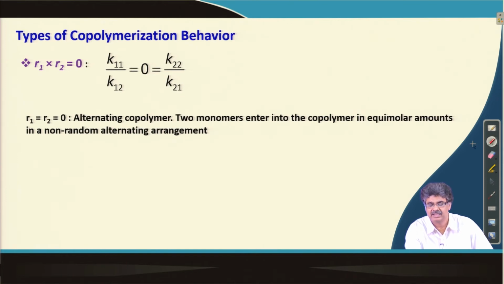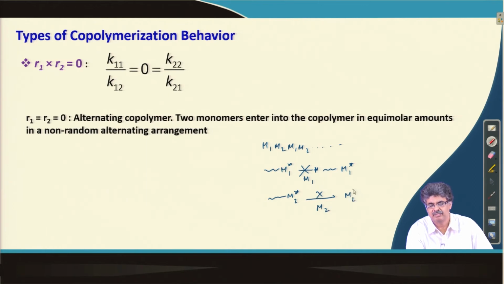The resulting copolymer will have an M1, M2, M1, M2 type arrangement, because M1 star will not react with M1, and M2 star will not react with M2.